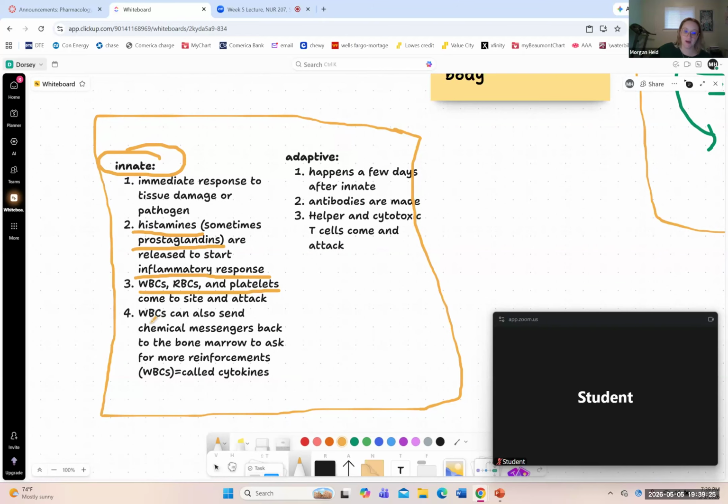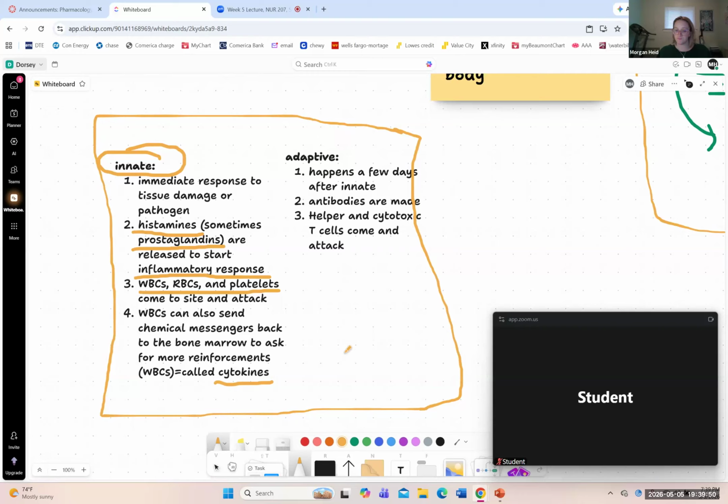And then my white blood cells can also release a chemical called cytokines. This is important because you'll see it either this week or next week in the medications that we're doing. A cytokine is a chemical messenger. It's a hormone that gets released from my white blood cells, and it runs to the bone marrow and says, hey, you need to make more white blood cells.